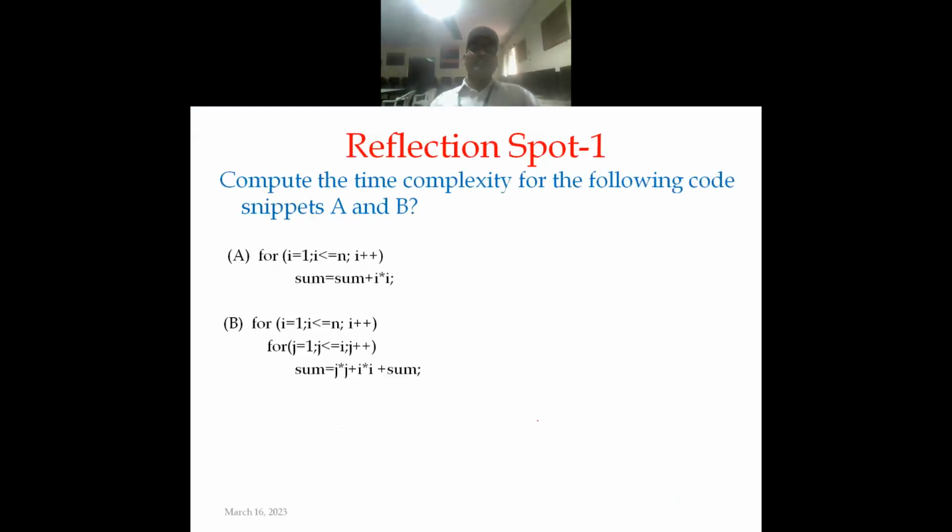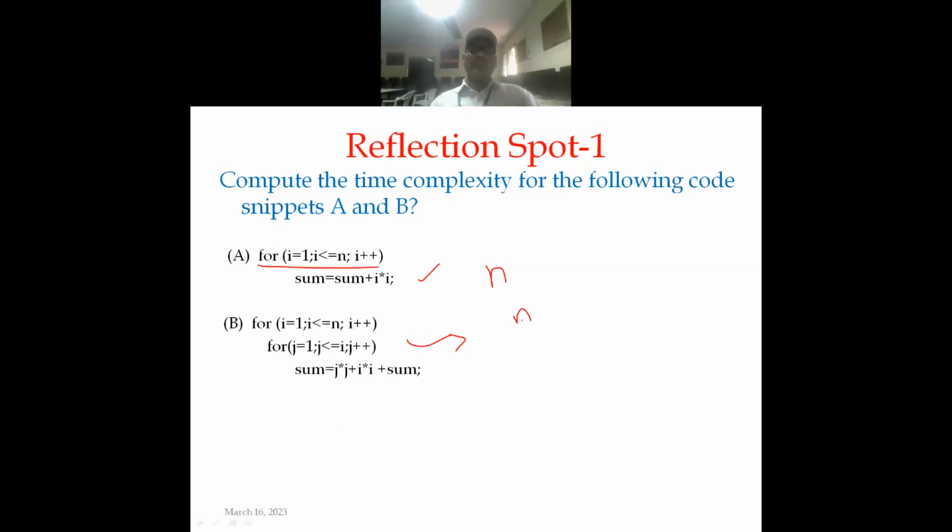Fine. Then coming to this reflection spot here, you have to compute the time complexity for the following code snippets A and B. Here in A, can anyone answer this question? How many times is this loop going to be repeated? Yes, exactly n times. Coming to question B, it depends on this. The outer loop is repeated linearly and the inner loop is repeated based on that, dependent.